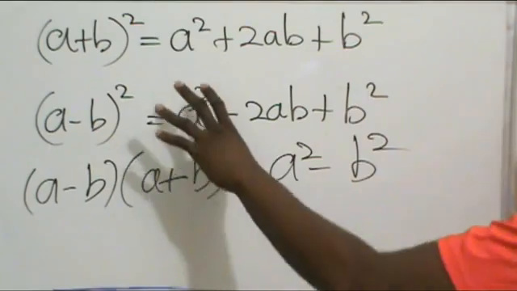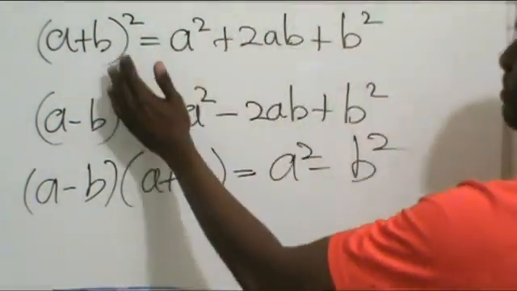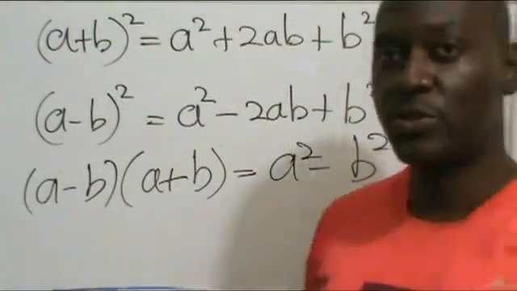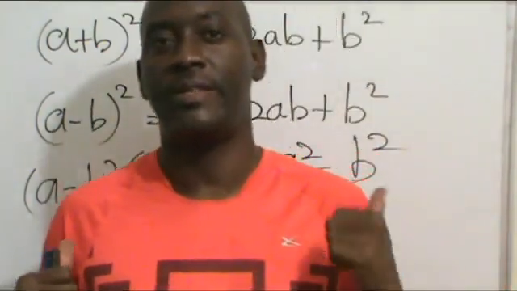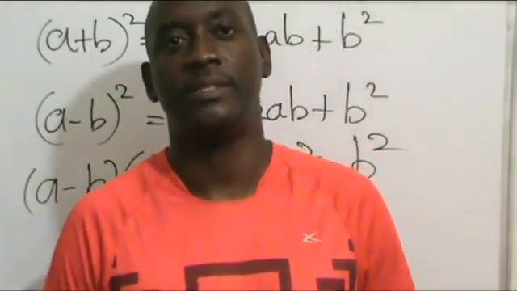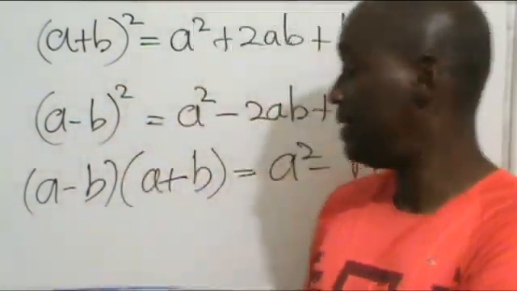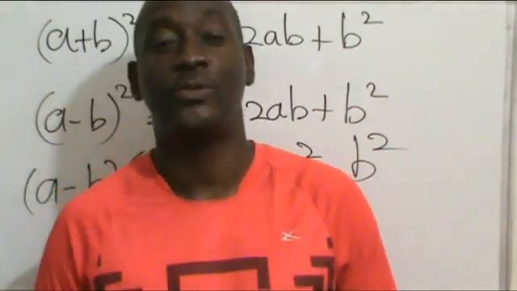These will show up when you're expanding stuff. A plus B squared, A minus B squared. Those will also show up in your multiple choice. And knowing that is one of the things that will save you time in multiple choice questions. So pay attention to the last one. A minus B into A plus B, the difference of two squares.